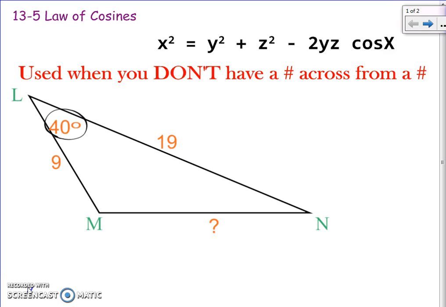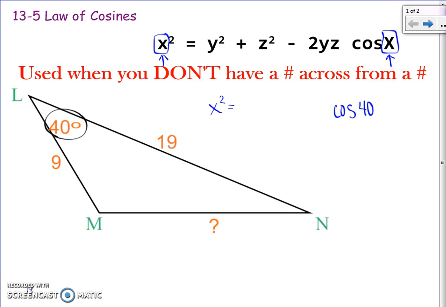Now you'll notice that it starts and ends with the same letter, but one is uppercase and one is lowercase. Remember, in a triangle, the same letters are across from each other. So if we have our 40-degree angle on the end, the side across from the 40-degree angle is what's on the other side of the equal sign.